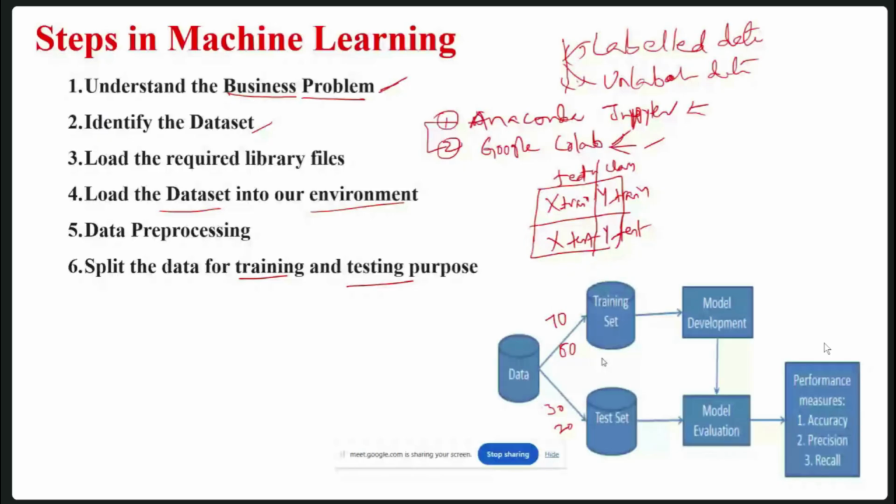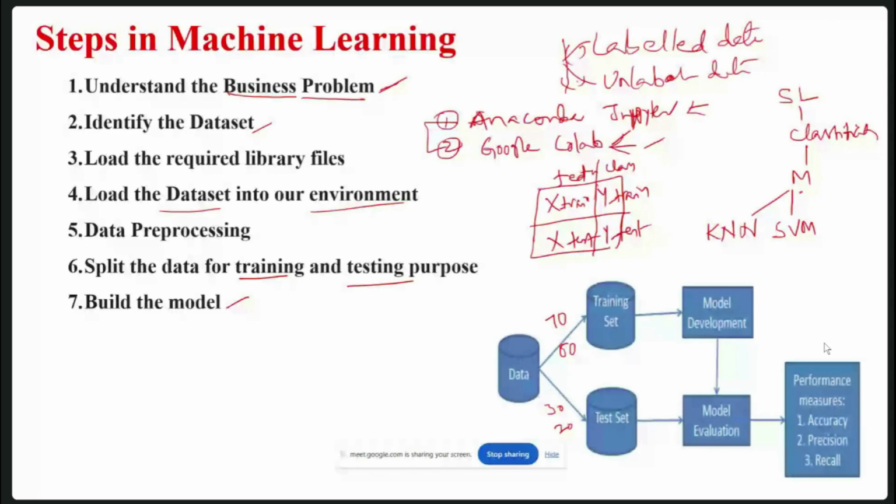Then we are going to build the model. There are different models. Suppose it is a supervised classification problem, then the model may be a KNN algorithm, an SVM algorithm, or a decision tree algorithm, whatever it may be.